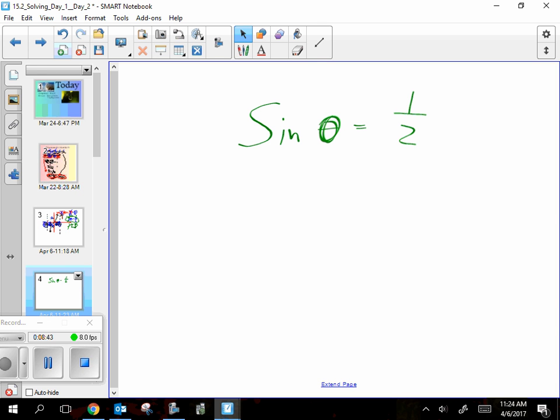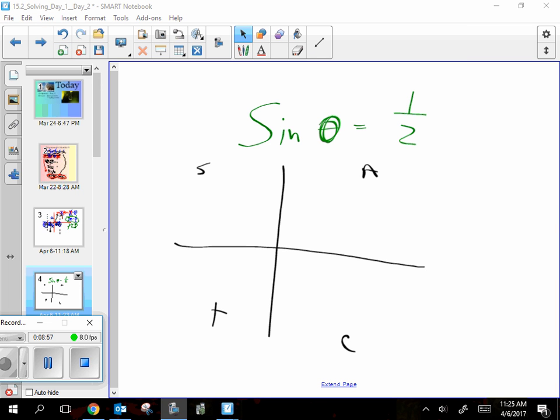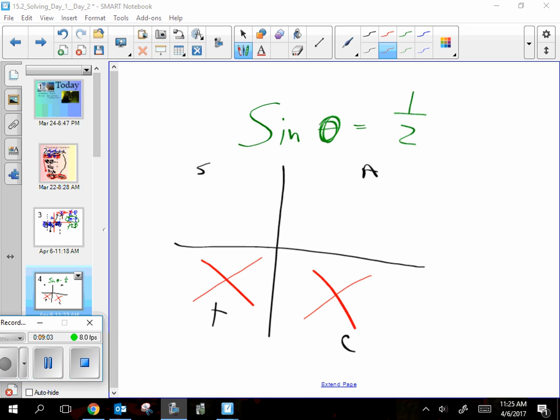And then I'll show you how it would have been different when it was a little more complicated. Starting off with an easy one. Okay, I should have said sine's positive, so it can't be here and it can't be here. And then one of my answers is, sine is opposite over hypotenuse, that's 1 over 2.